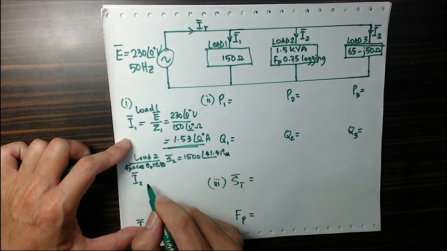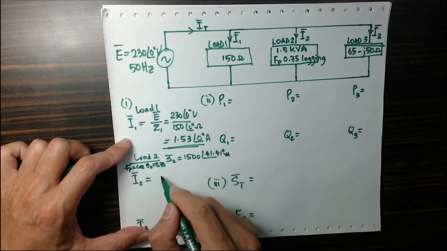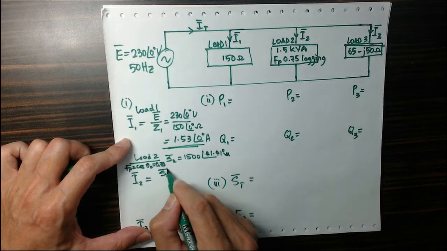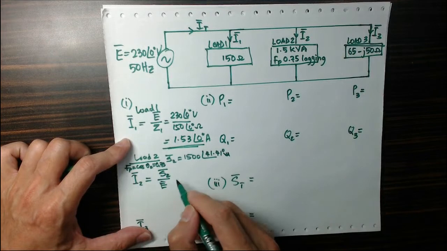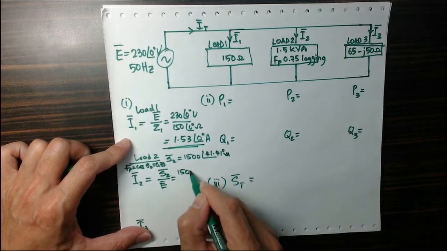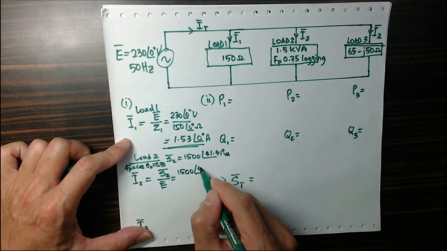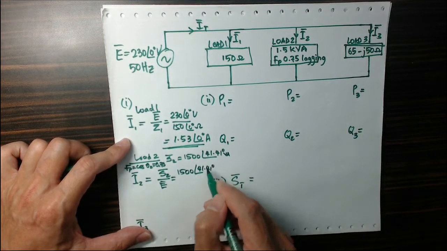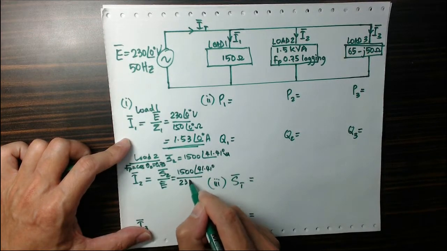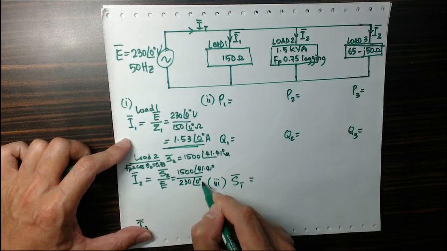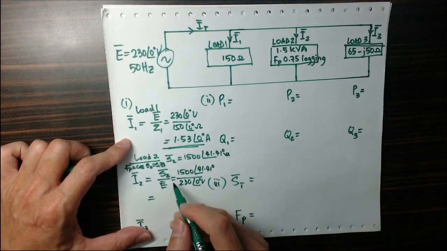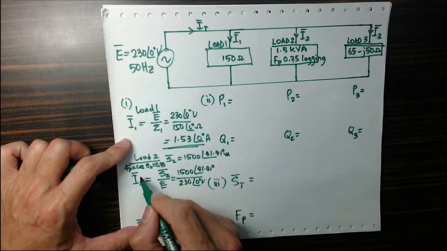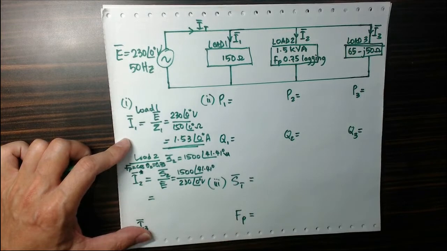To calculate current, I use the formula S2 divided by E, so that will be 1500 angle 41.41 degrees divided by 230 volt angle 0. I'm sorry, this should be conjugate.